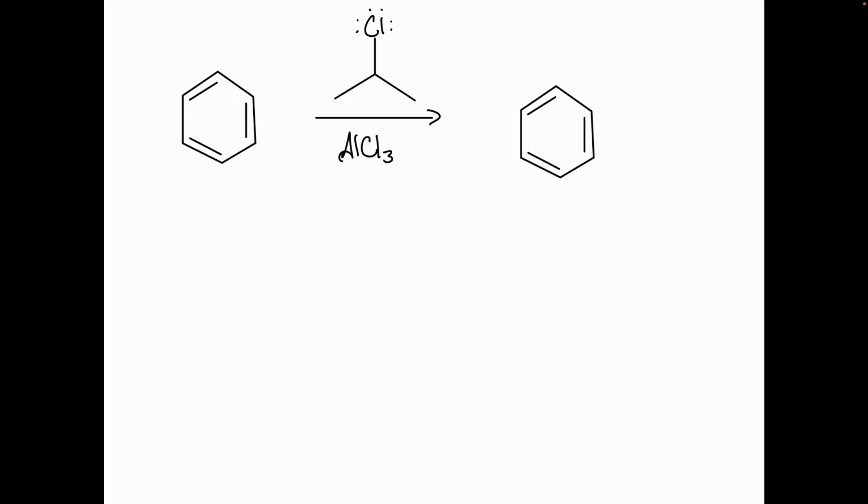And so what we're going to see is that carbon that had that halogen attached to it is the carbon where my carbocation forms, is the carbon that gets attached to my benzene ring. All right, so specifically here, I would be attaching at carbon 2 to my benzene ring, where that carbocation is going to form.